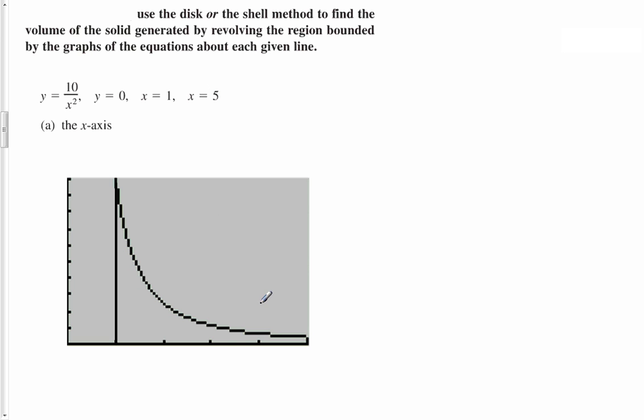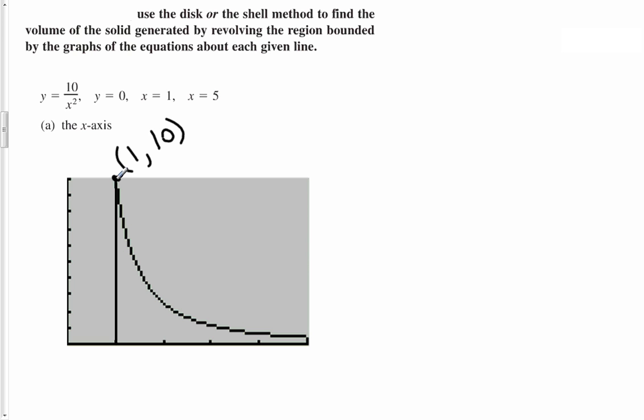And x equals 5, well, we have x equals 1, 2, 3, 4, 5. So the end of this graph to the right is where the region would end. And this point up here, just to make note, is what you get if you plug in the x value of 1 into the function. For x equals 1, 10 over 1 squared is 10, so that's 10 for y.